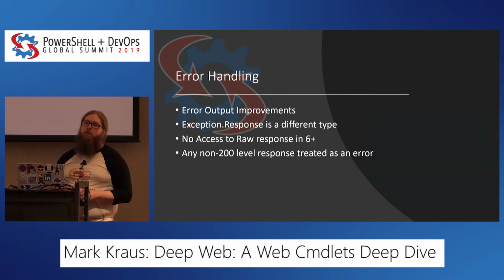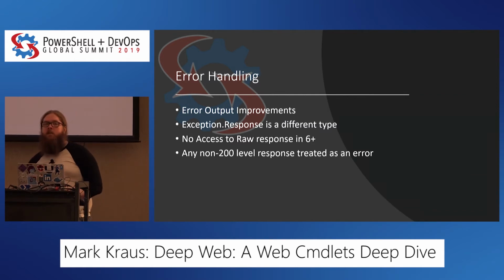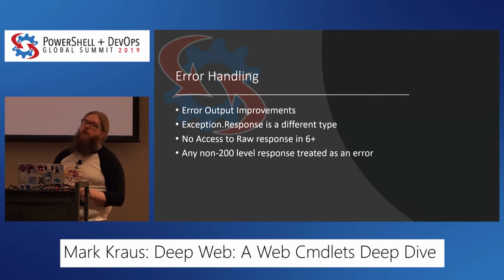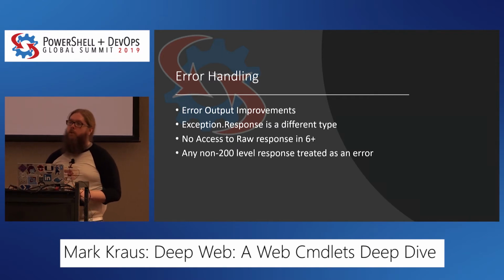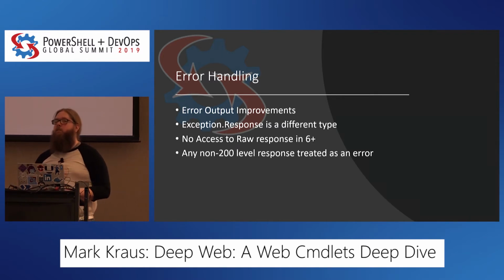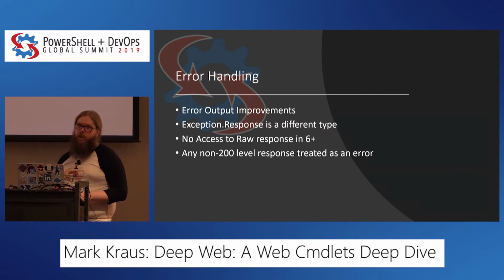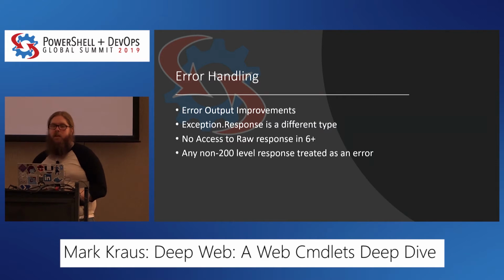So one of the things that I see as common practice in 5.1 was that you would make an Invoke-WebRequest call against something that you know is going to redirect, tell it a maximum redirection of 1, and then inspect the headers to see what it's redirecting to. Pretty common practice, completely broken in 6.